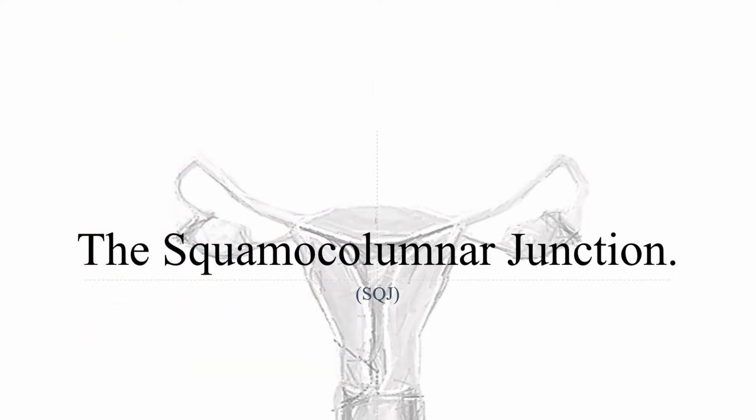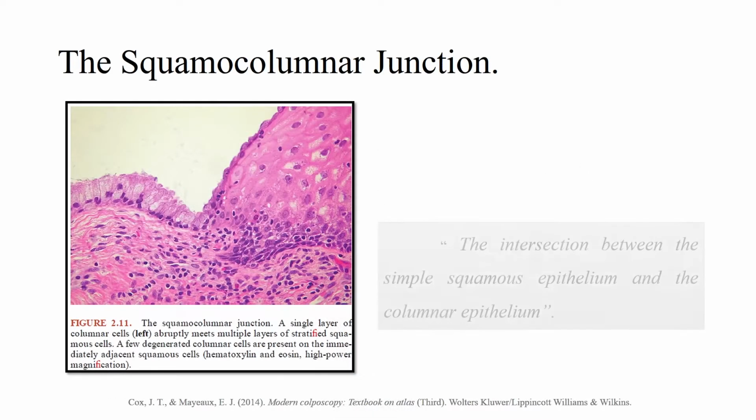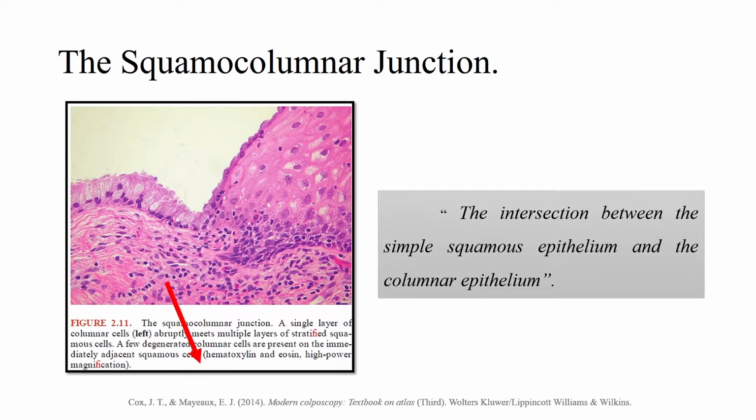Let's talk about the squamocolumnar junction. What is this? The squamocolumnar junction is the point where the squamous epithelium and the columnar epithelium meet. You can see in this arrow right here the transition between the columnar epithelium and the squamous epithelium.